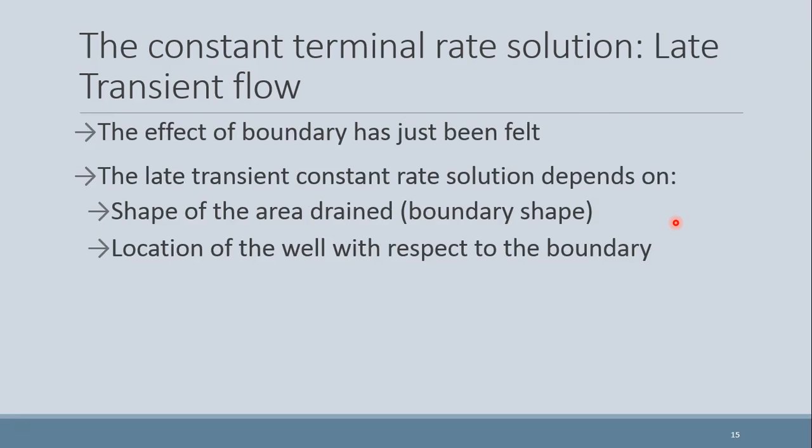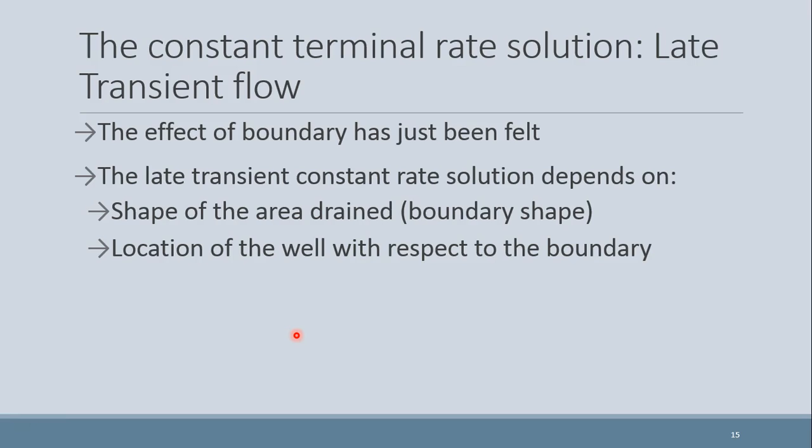Then we see the late transient flow. In late transient flow, the effect of the boundary has been felt, and the late transient constant rate solution depends on the shape of the drainage area or the boundary shape, and the location of the well with respect to the boundary. This is important because when the pressure wave is generated by changing the well flow rate at the wellbore, it travels radially in all directions with the same speed.